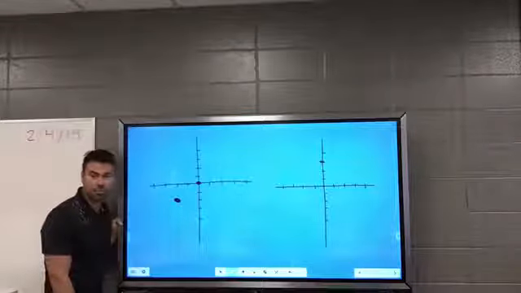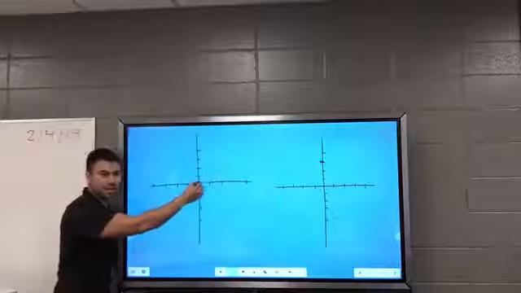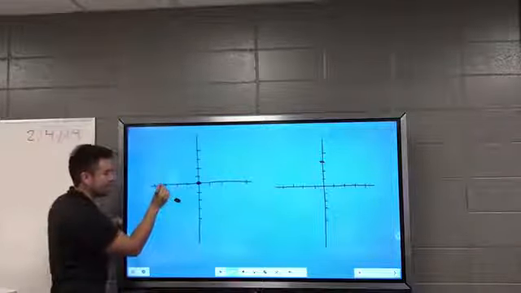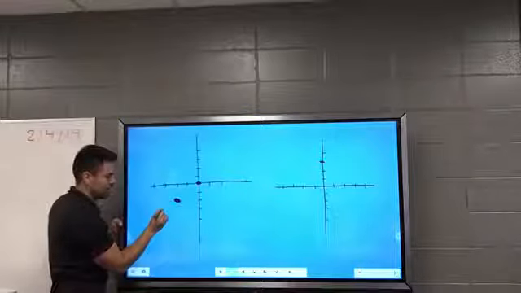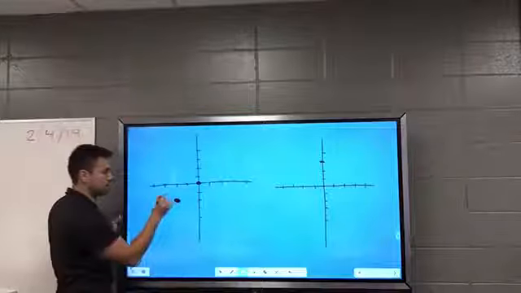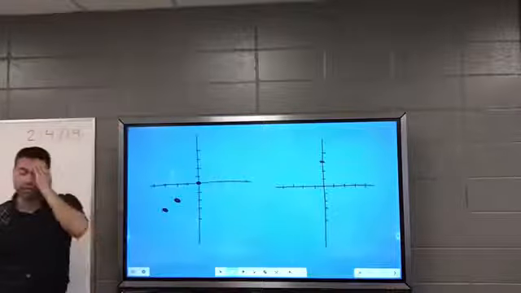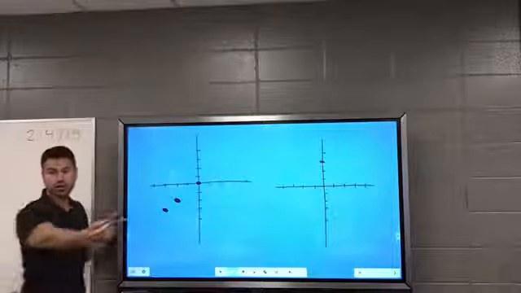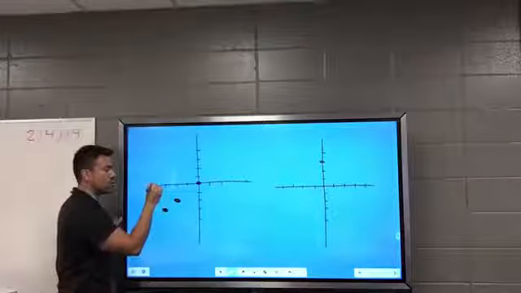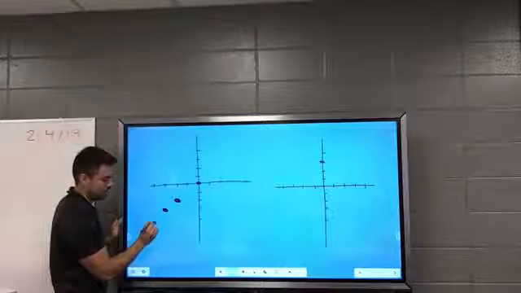Who could tell me where to put -3, -3? Starting at the origin, where do I go? I go to the left 3, and then down 3. So I'll put another big dot there. I'm going to erase the little dots because I don't want you to think those are points. They're just my work. Okay, and then where would I go for -4, -4? Starting at the origin, I go 1, 2, 3, 4 to the left, and then 1, 2, 3, 4 down.